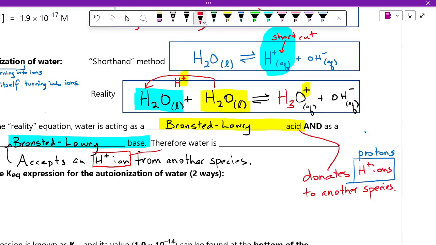A proton. So Bronsted-Lowry acids are proton donors. Bronsted-Lowry bases are proton acceptors.